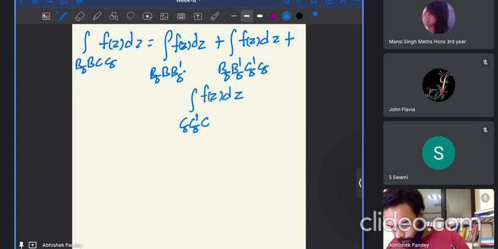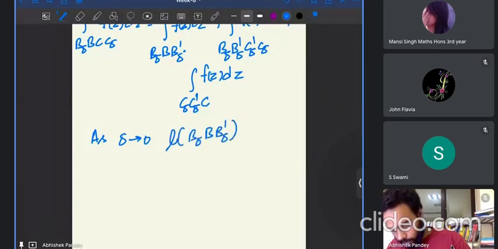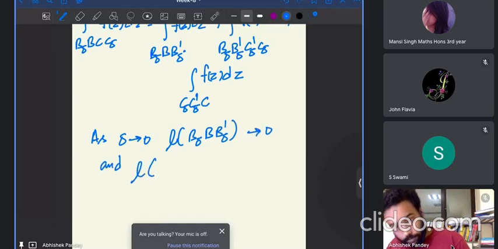So as delta tends to 0, the length of B delta, B and B delta dash tends to 0, and the length of C delta dash and C tends to 0.